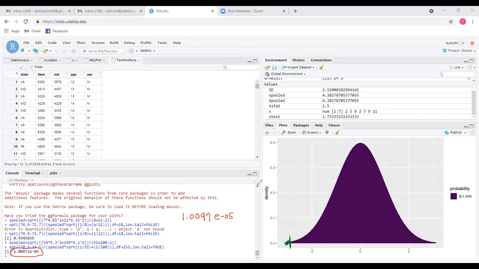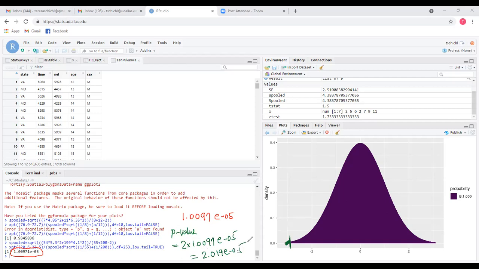It's because our hypothesis is a two-tail test. So remember that. So what is our p-value here? The p-value will just be 2 times 1.0097 e to the -5. So it will give you a similar number. It will give you 2.019 e to the -5.